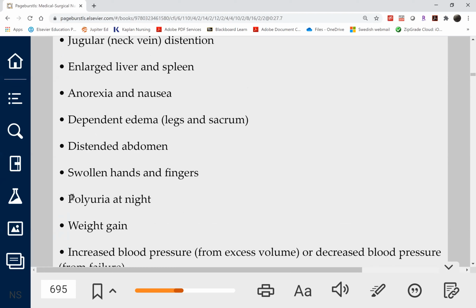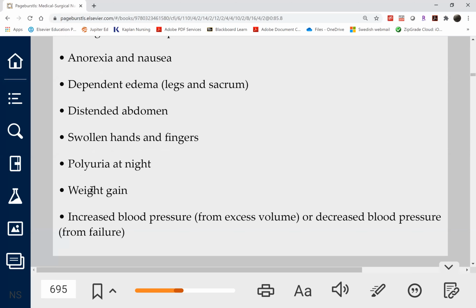So now all that water returns into the vascular circulation, increasing blood volume, because now it's not in the interstitial space anymore, increasing blood flow to the kidneys, causing the polyuria. So polyuria at night pretty much means nocturia.